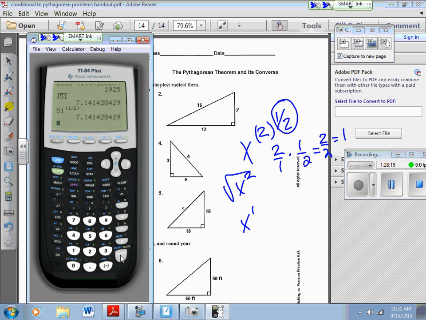As long as you remember square root and squaring, that's how you finish the problem. So the approximate answer for that problem is about 7.14 for x.